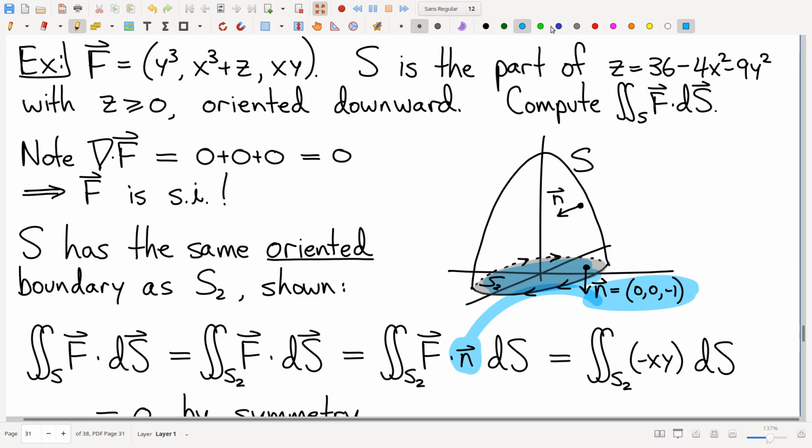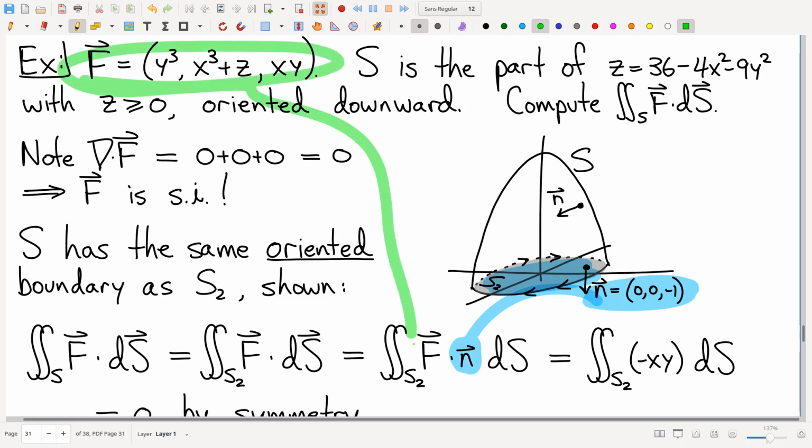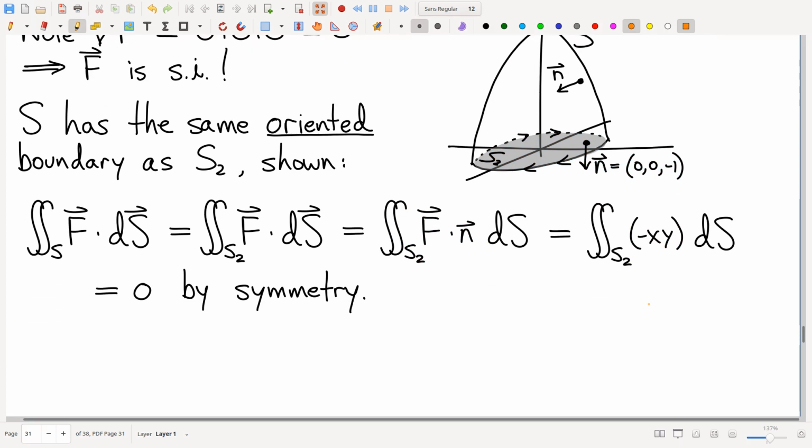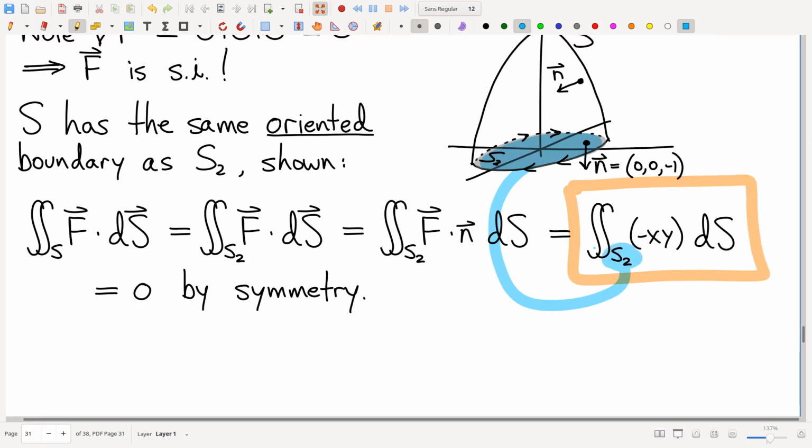That means that when I dot my vector field, that green vector field, with my blue normal vector, it's an easy dot product. That dot product is just minus xy. And now check it out. I have, at this point, a scalar surface integral, computed over that new surface.